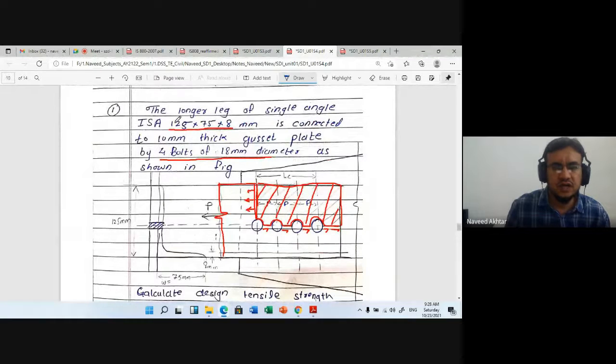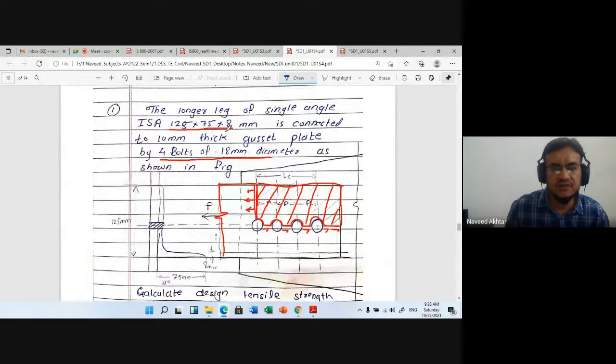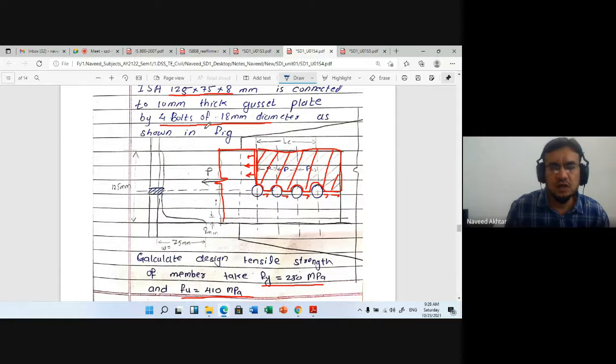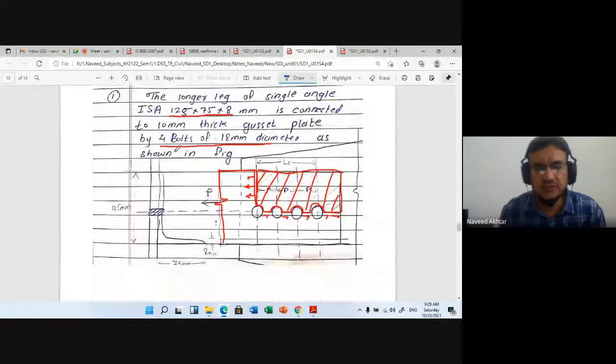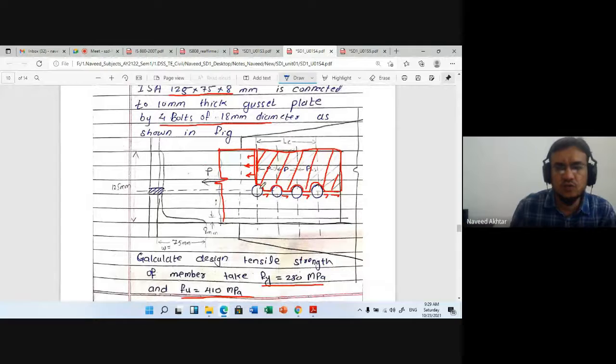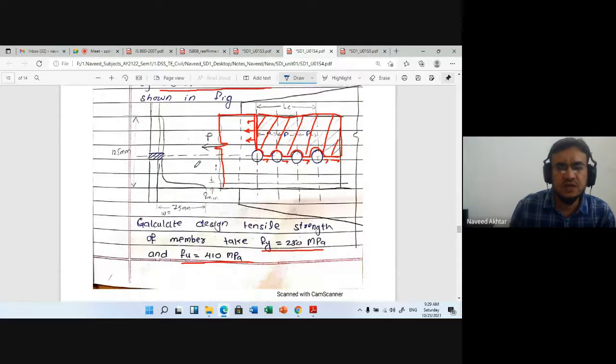Here the longer leg of a single angle section, 125 by 75 by 8, is connected to a 10 mm thick gusset plate by 4 bolts of 18 diameter as shown in the figure. So this figure is given, and 4 bolts are connected with the gusset plate, and the size of the angle is 125 by 75 by 8. The thickness of the gusset plate is given as 10.